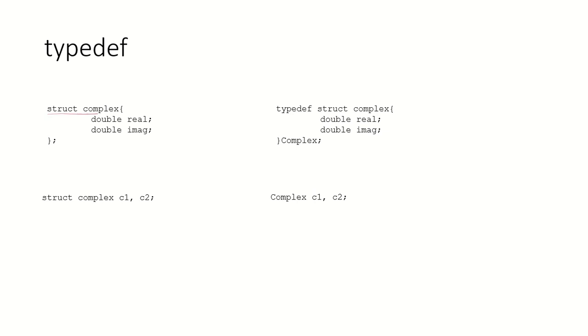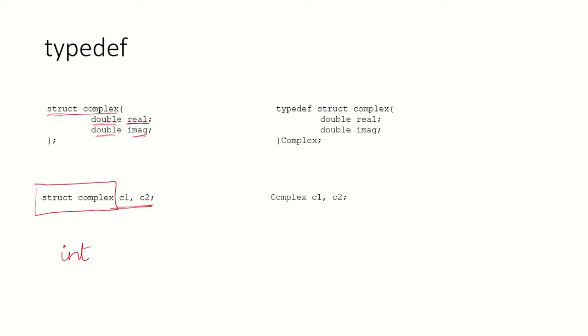Say we take an example of another structure, which is complex, and there are two elements over here, a real component which is of type double and an imaginary component which is of type double again. And we are declaring two variables C1 and C2 which are of this data type, just the way we declare an integer.